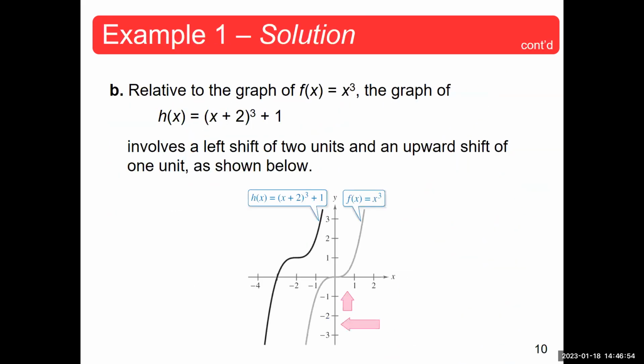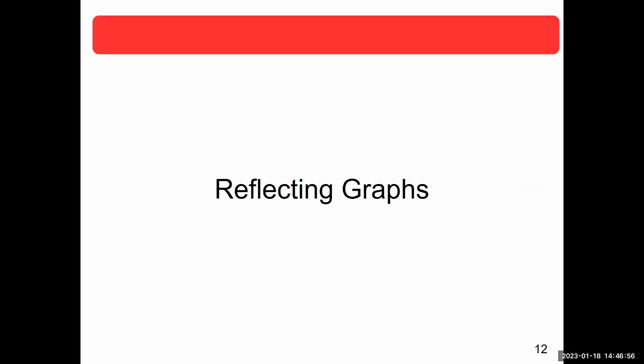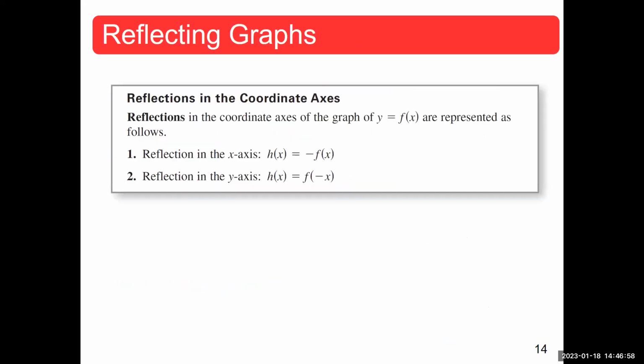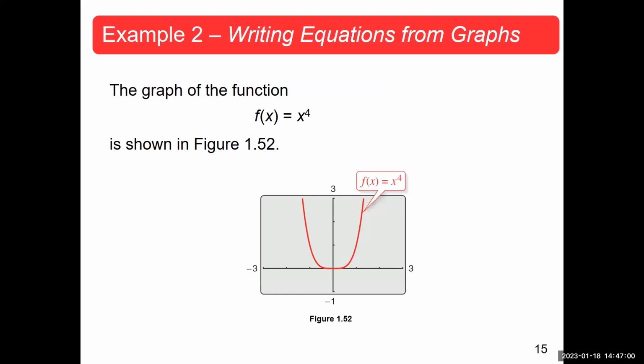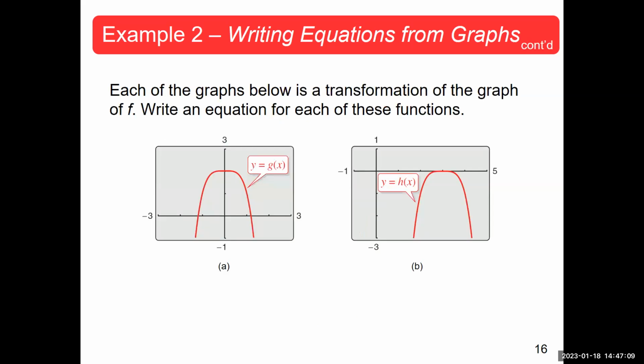You can see this is one drawing. We already talked about reflections. We are ahead of the book. That's another example. They give us x to power 4. So the original function, if I have to draw it here, see when you have a really high power, it looks like a parabola but has a big flat bottom.